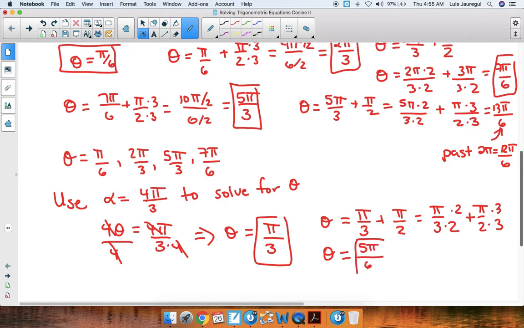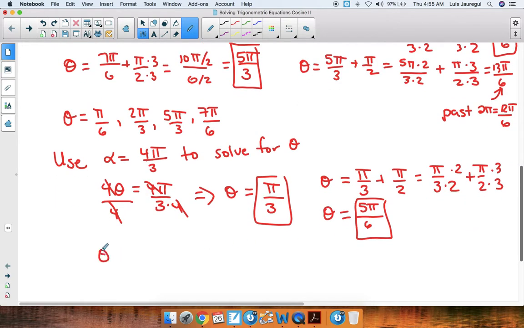So that's our next angle. To obtain the next angle, we take theta equal to 5 pi over 6 and add the period of pi over 2. Let me multiply this one by 3 over 3, so we can get the same denominator, and we have 5 pi plus 3 pi becomes 8 pi, all over 6. Now let's divide both numerator and denominator by 2, and this becomes 4 pi over 3.